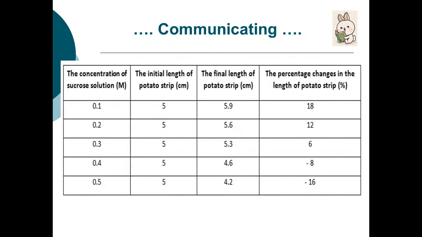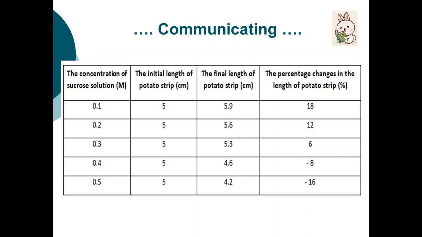This is the suggested answer. We only need to rewrite the titles given in the table. Column number 1, the concentration of sucrose solution with the unit M. Column number 2, the initial length of potato strip and the unit is cm.